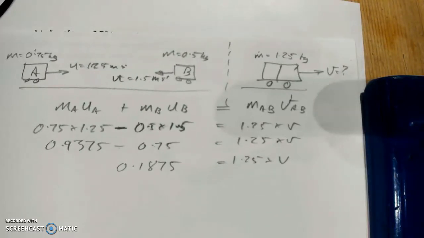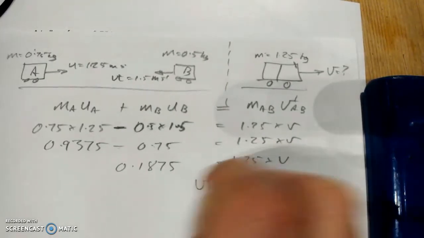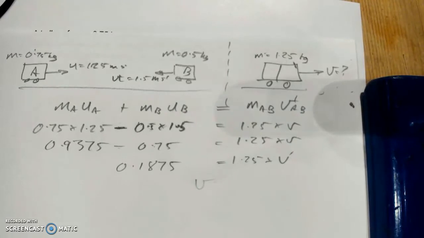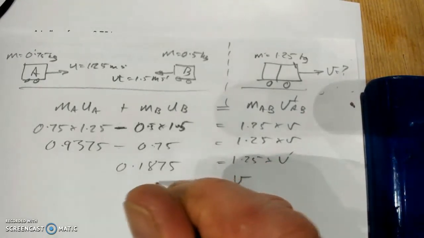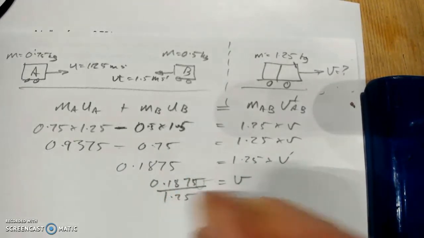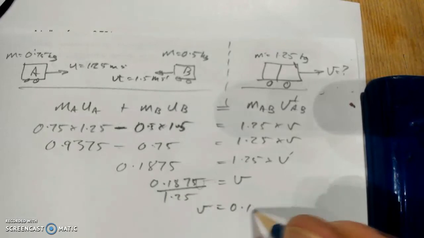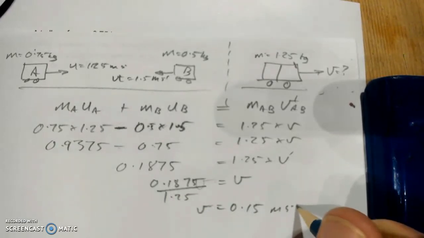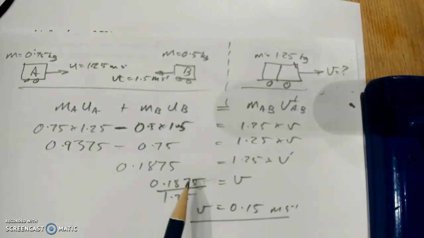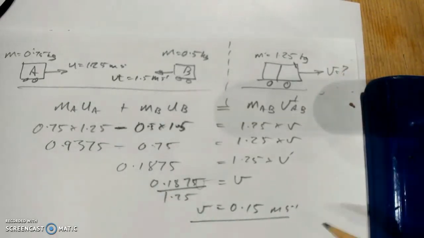So rearrange that, dividing both sides by 1.25, we have 0.1875 divided by 1.25, and we get that v is equal to 0.15 meters per second. And because it's a positive number, that tells us that v is actually going to the right.